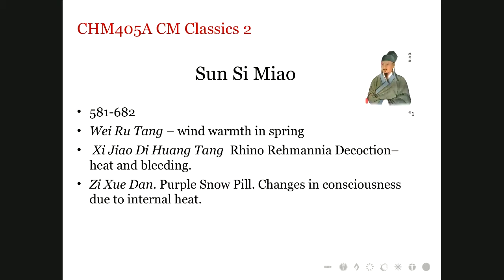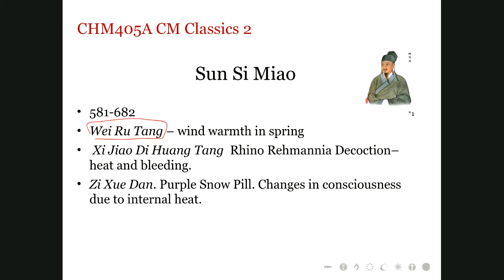Now, Sun Simiao is a very famous TCM practitioner. A lot of Latin articles have been discussed, a lot of classics issues. Maybe part of that can also be discussed under Sun Simiao. It's a good one. In his book and his special contributions, Weirui Decoction is very useful to deal with gentle wind-warm related Wenbing happening in the spring.